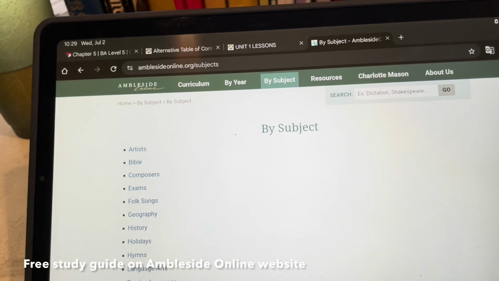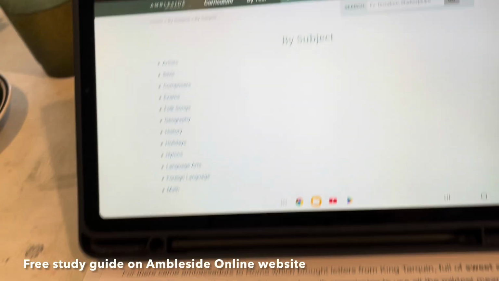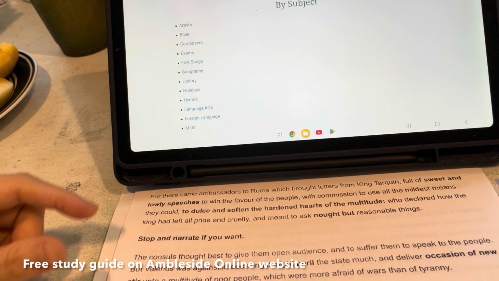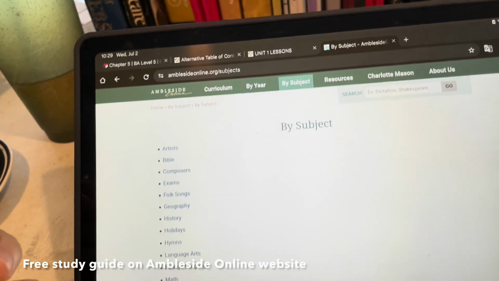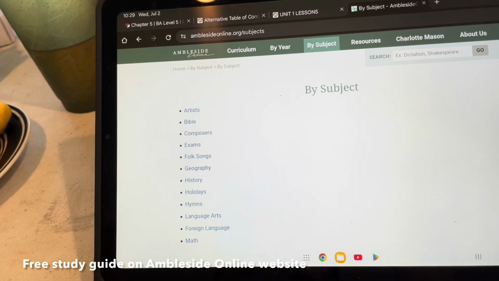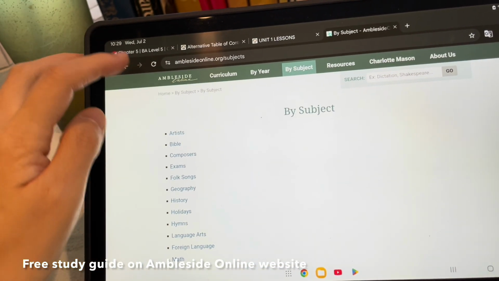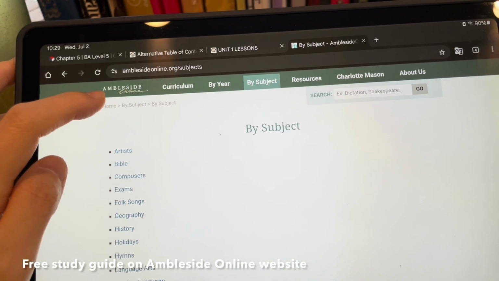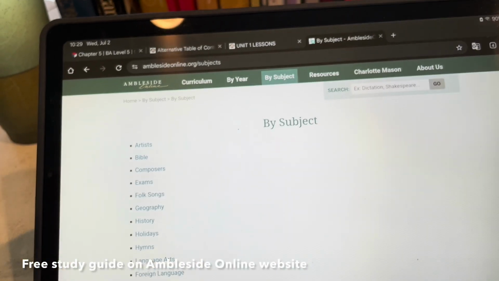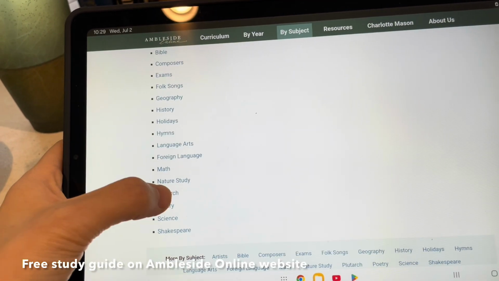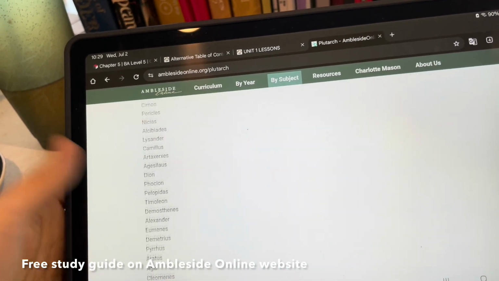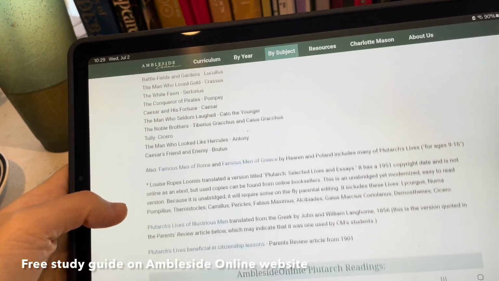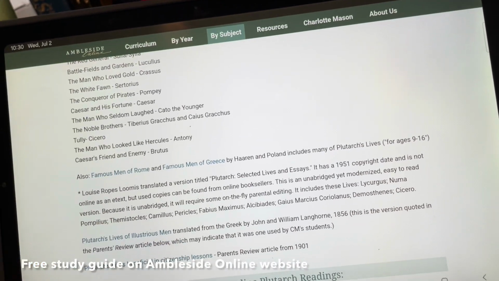So we do a recap and vocabulary and listen to, or read if you read it yourself, the text, do narrations, and the study guide has discussion questions after each lesson too. So again, the study guide is free on the Ambleside Online website. You go to By Subject, Plutarch, and if you are just starting, that's Other Lives.